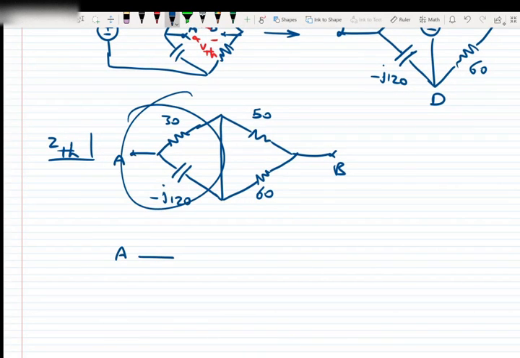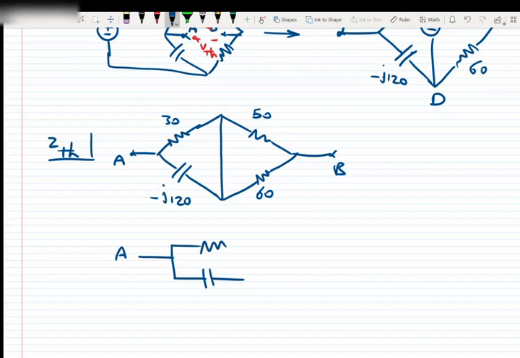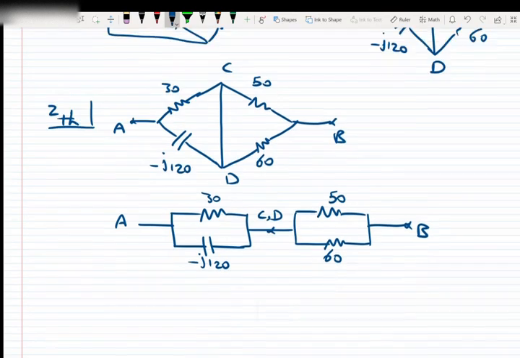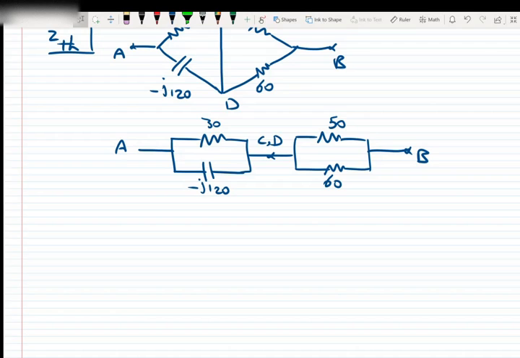These two are in parallel, these two are in parallel. So we divide in this way. 50, 60, 30, negative j120. It's B. And of course points C and D are here because C was here, D was here, but they're short circuited to each other, so they are a single node. And so here now it's easy.